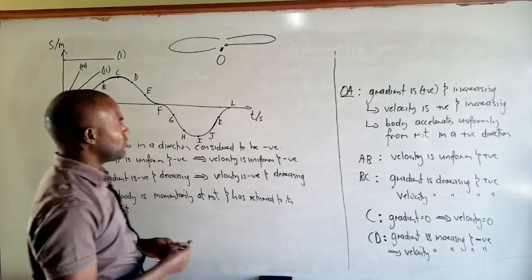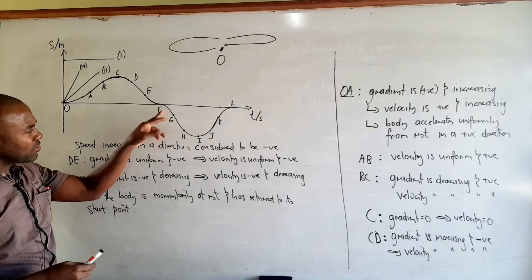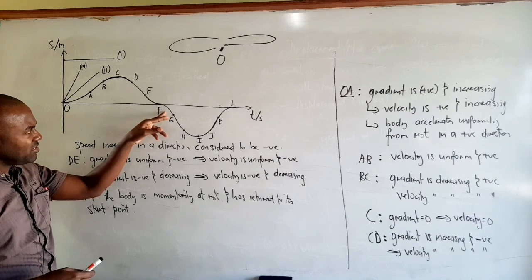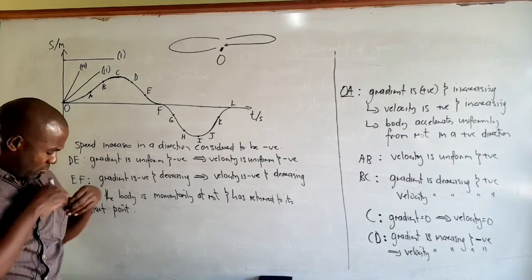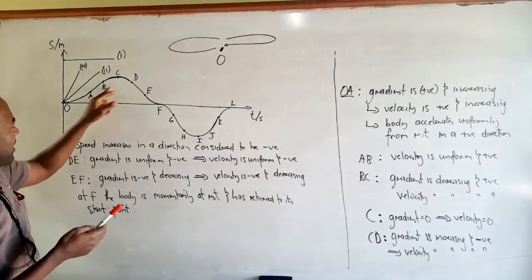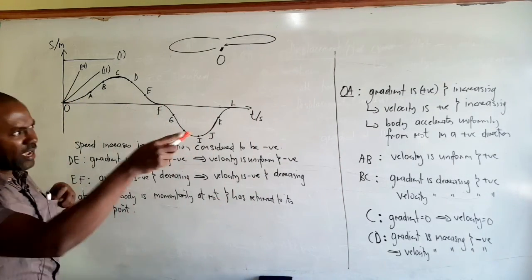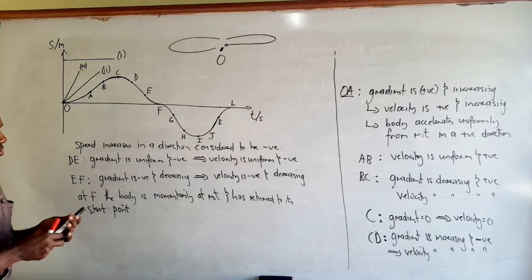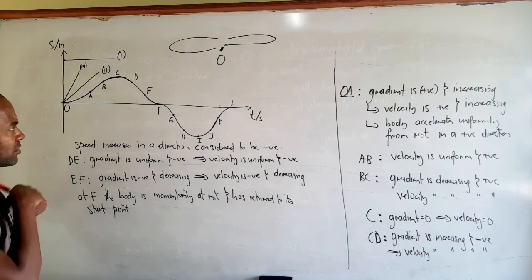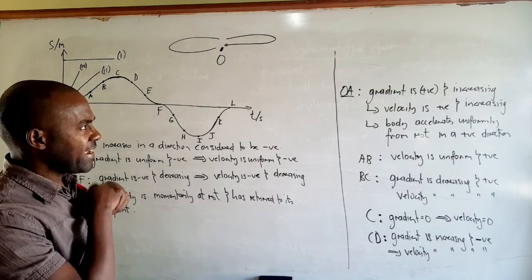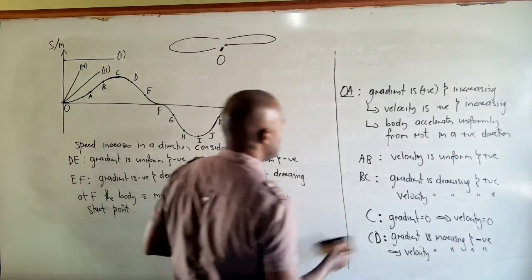All right, so we said that basically at F, the graph is flat, so the gradient is equal to 0, which means the velocity is momentarily 0, and the body is momentarily at rest at F. Now, what we will recognize is that what we've analyzed before will be very similar to these portions, so we'll just change the letters and change information accordingly, right? So let's look at FG. Now, FG, the gradient is negative and increasing. So with FG, let me just remove these letters.